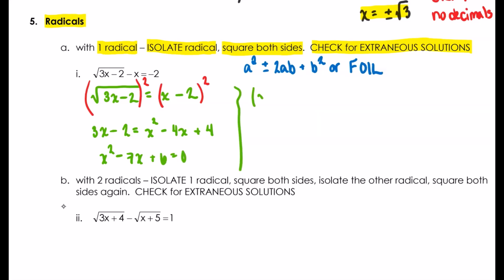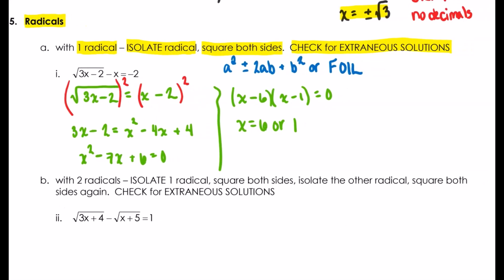And then by factoring, that one's pretty easy to factor. I've got x minus 6, x minus 1, and then by the zero product property, I have x is equal to 6 or x is equal to 1. All right, these require that you check. So let x equal 6. So I'm checking, I'll go back to my original problem here.